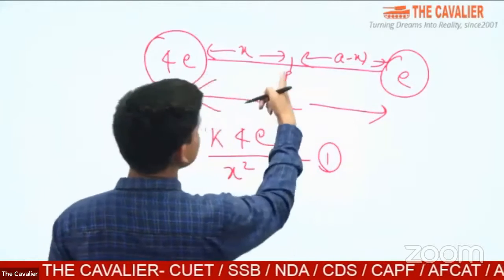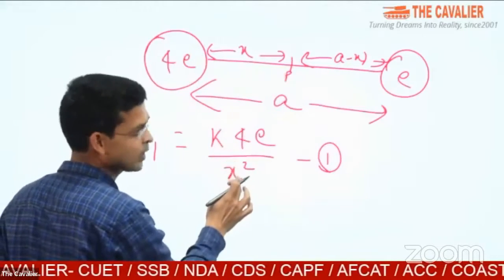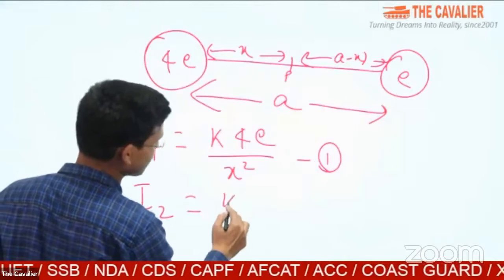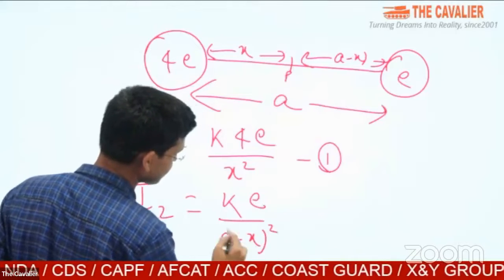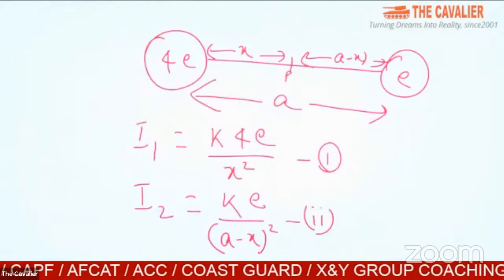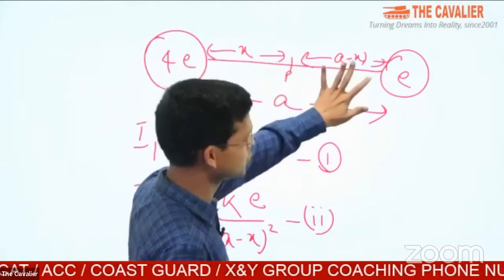In the same way, I2 equals K times E upon A minus x square. These are the two equations. You can easily find the intensity at point P due to each charge.